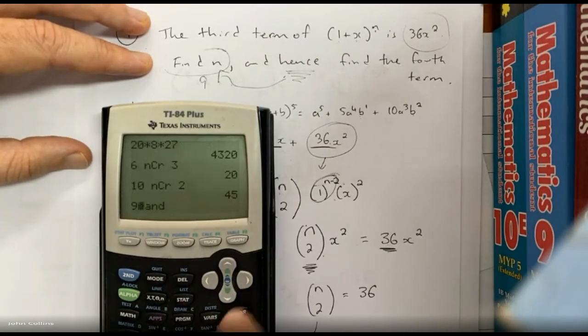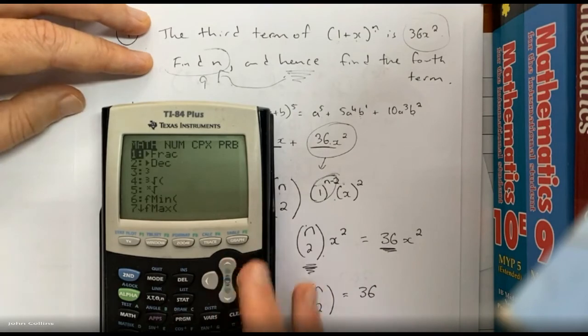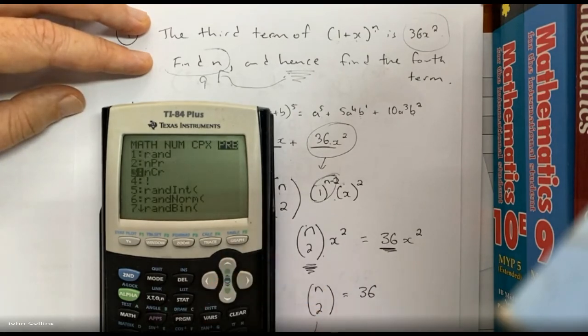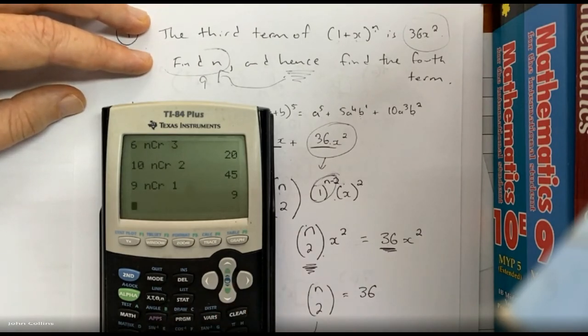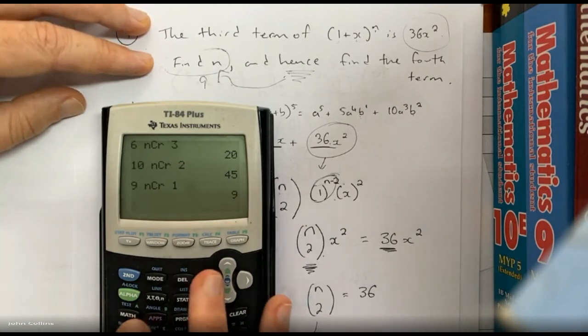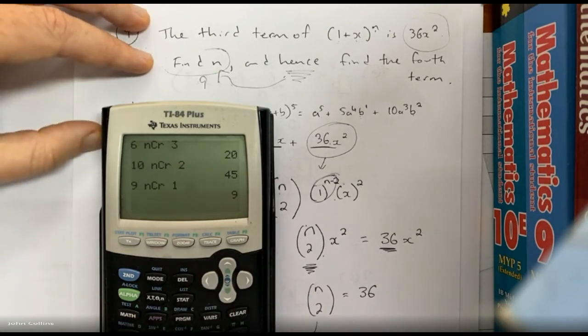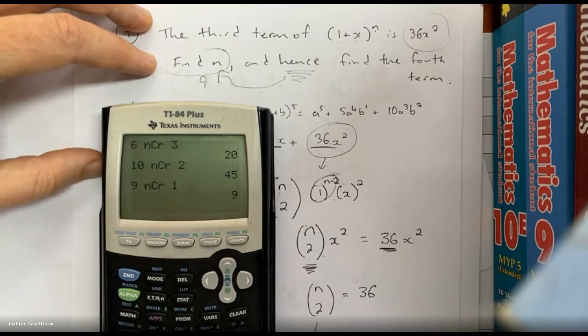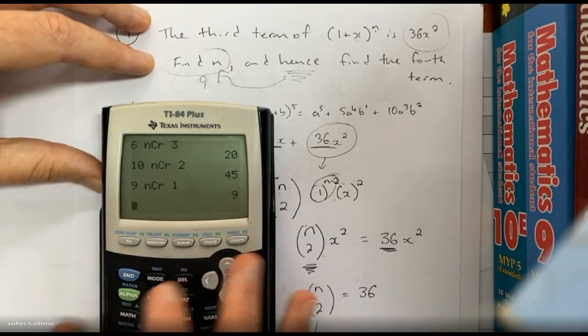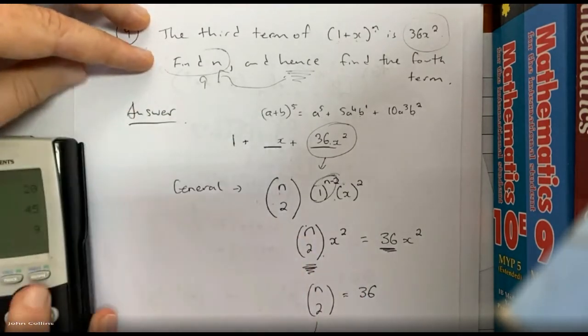Oh, no, it'd be 9 choose 1, wouldn't it? 9 choose 1 is, of course, itself. It's 9 factorial divided by 8 factorial, which just leaves the 9 on top, and it is 9, yes.